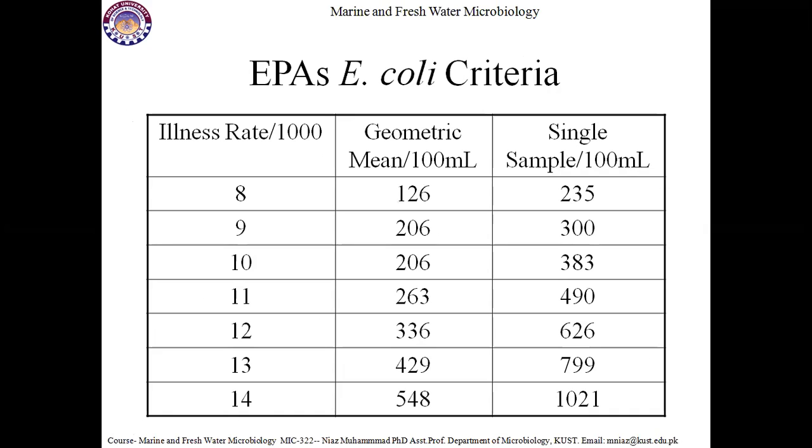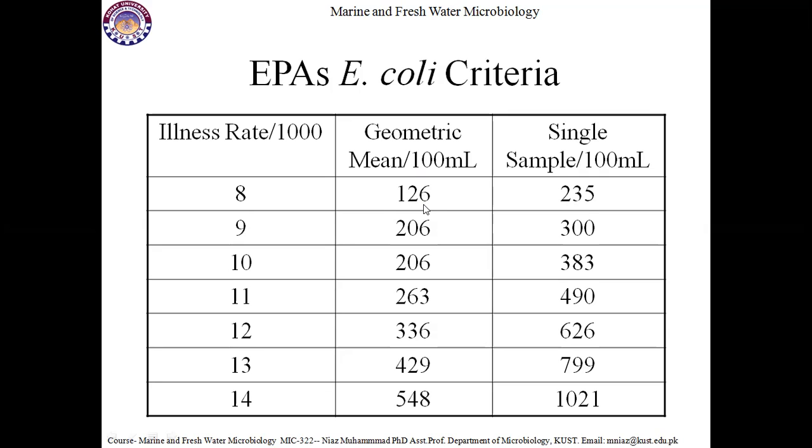Environmental Protection Agency criteria for E. coli: illness rate per 1000, geometric mean per 100 ml, and single sample per 100 ml. An illness rate of 8 per 1000 means 8 people out of 1000 may suffer, if the geometric mean is 126 MPN per 100 ml and the single sample is 235 MPN per 100 ml.